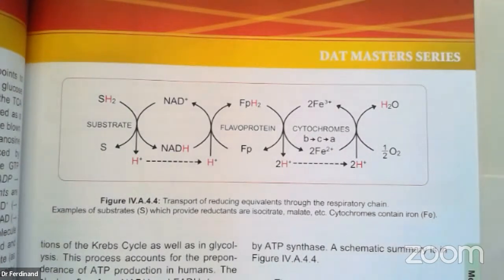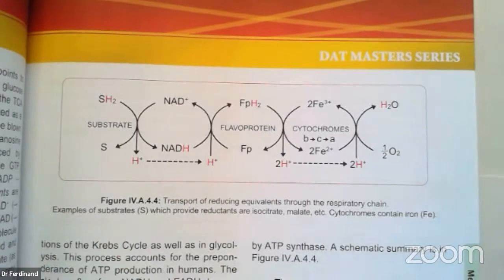Please don't ever make the mental error of thinking that high hydrogen concentration means high pH. Sometimes they'll ask on what side of the membrane you would expect the pH to be higher. You expect it to be lower on the side of the membrane that's concentrating the hydrogen.